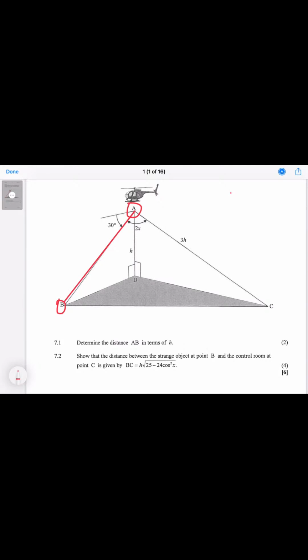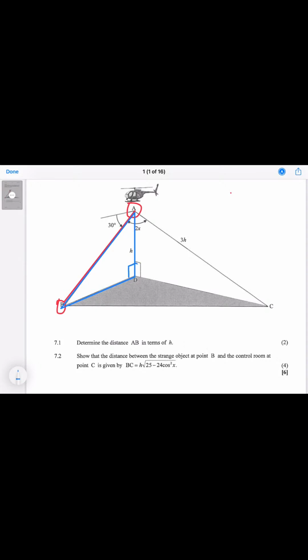In terms of h. The question that you need to ask yourself: that line AD, it's associated to which triangle? So you notice that actually AB is connected to this triangle. The question now is, what type of triangle is that? Is it just a triangle or is it a right-angled triangle?